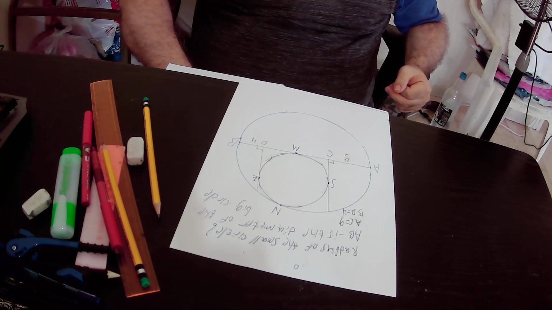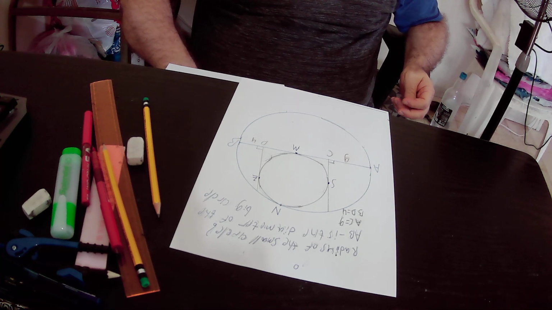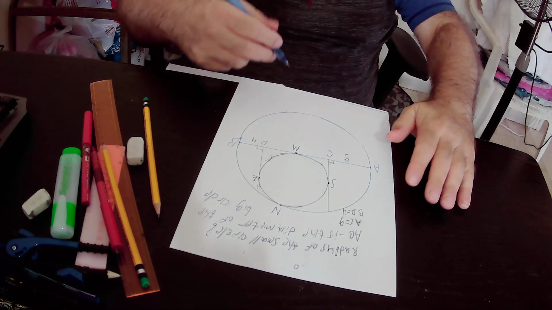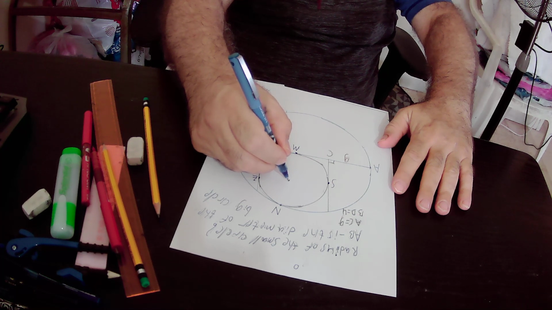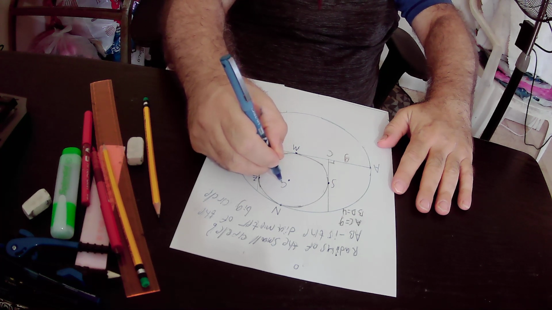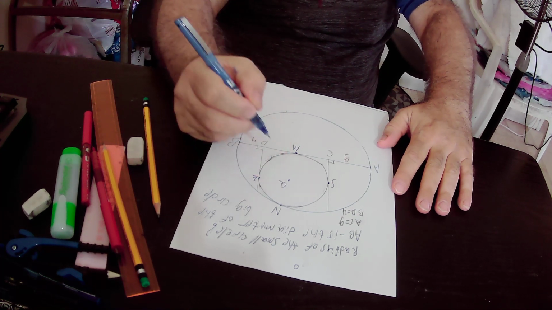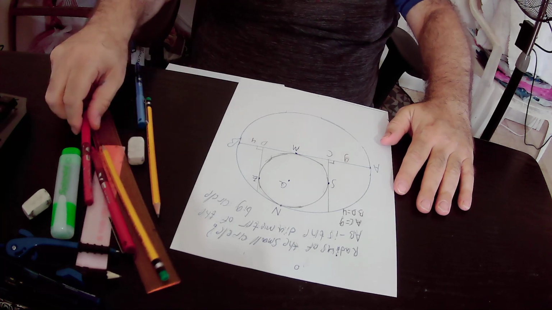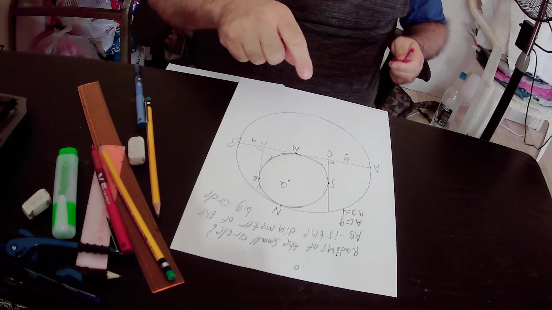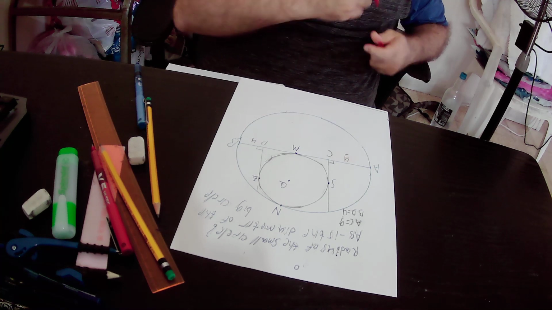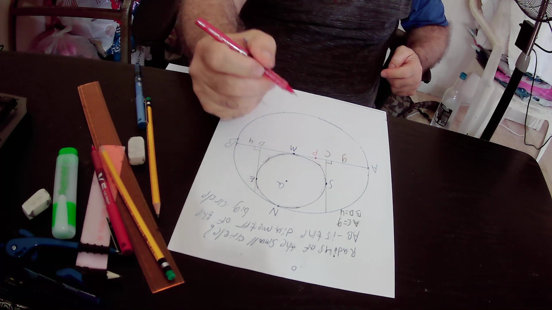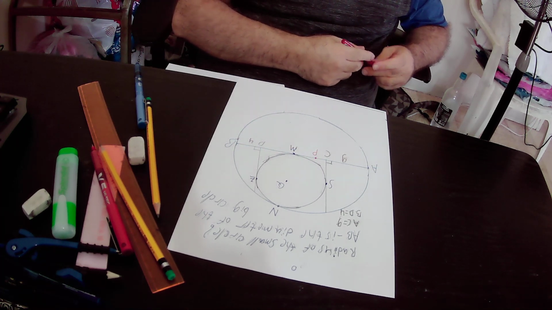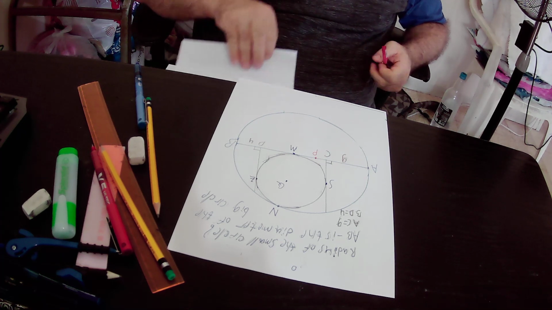So first of all, let's define the center of the small circle as point Q, and we will define the center of the big circle as point P. Okay? So I'll write it down.